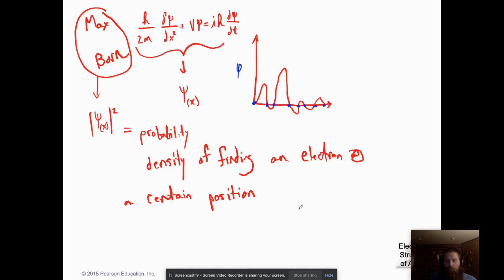So anywhere where y equals 0, we have a 0% probability of finding an electron, all right? So we call this a node, all right? And the nodes are going to come up in the second video when I talk about the actual shapes of the orbitals. The nodes are regions where you don't find electrons.